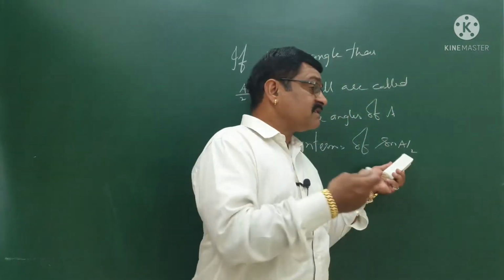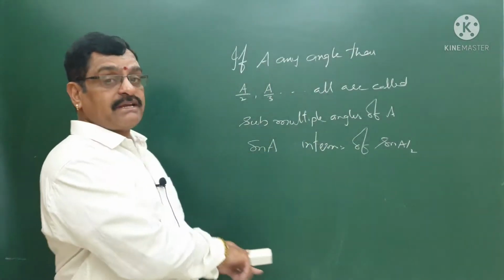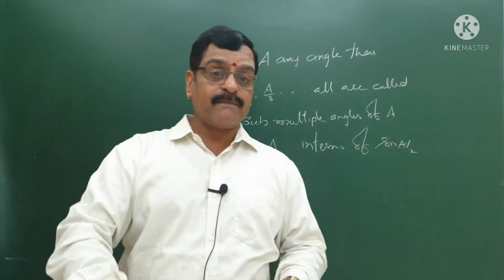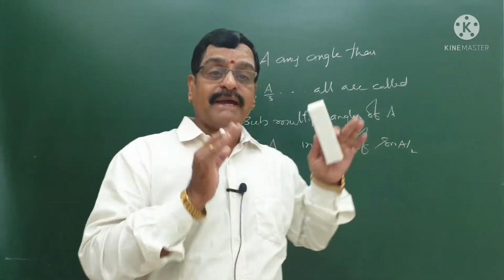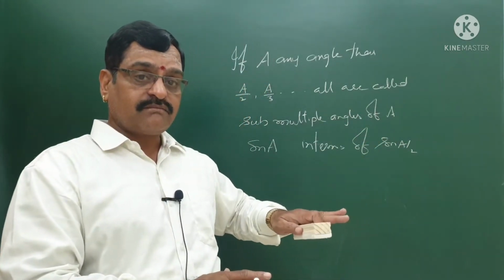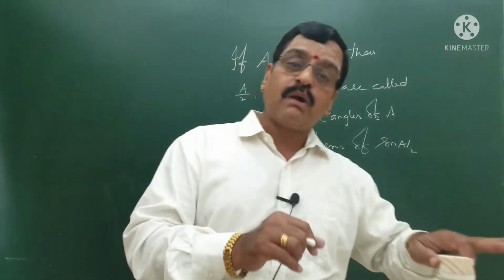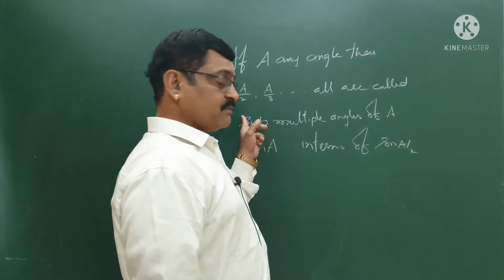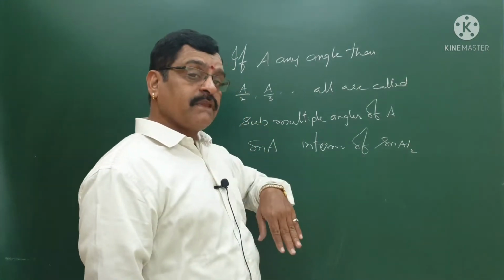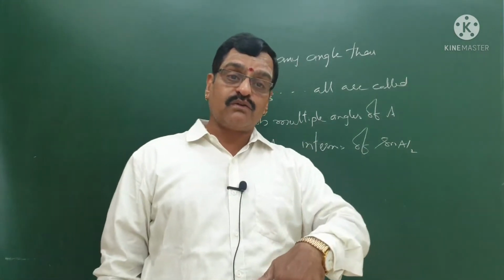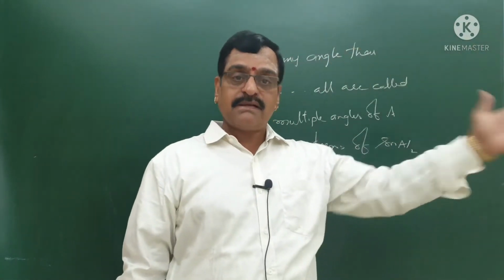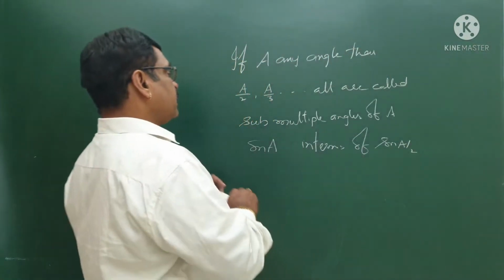Similarly, expressing sin A by 2 in terms of sin A, expressing sin A by 3 in terms of sin A. So overall, the lesson is expressing the values of trigonometric ratios of angle A in terms of A by 2, or values of trigonometric ratios of angle A by 2 in terms of A.